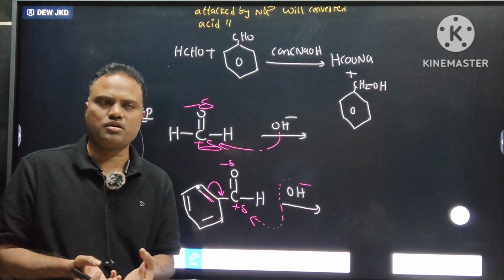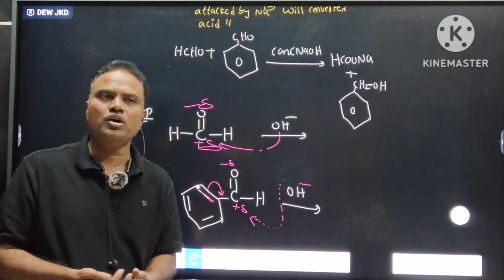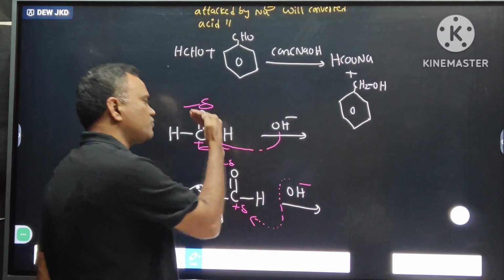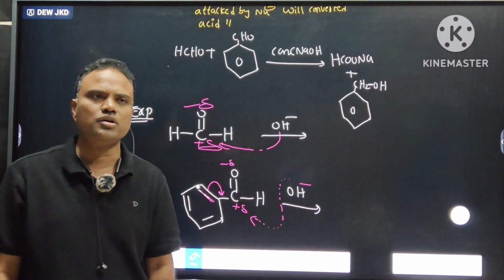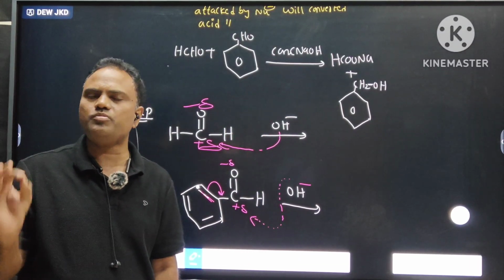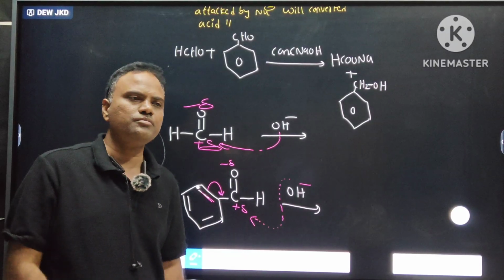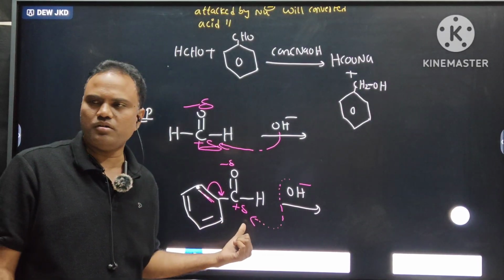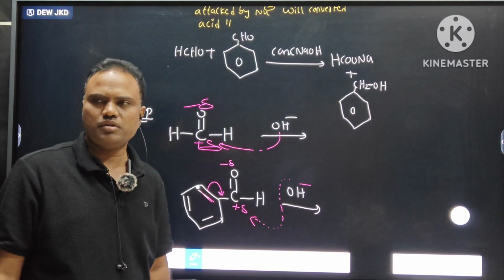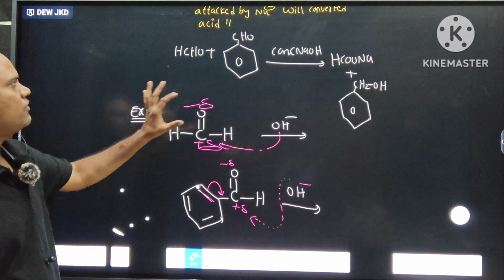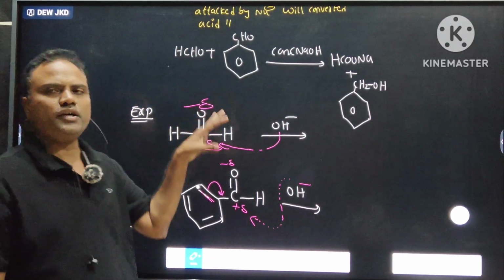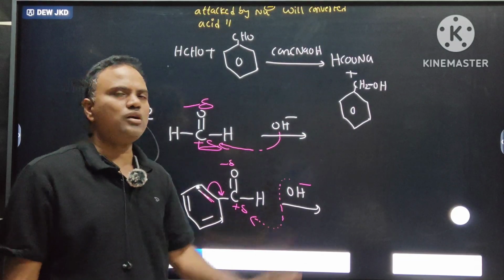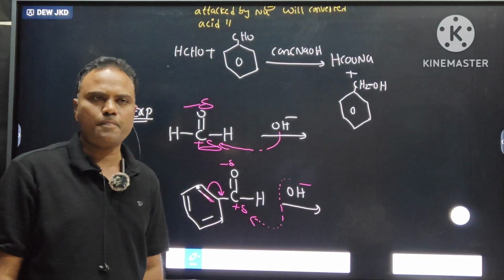So when we take a mixture of formaldehyde and benzaldehyde, nucleophile preferentially attacks formaldehyde carbonyl carbon due to presence of a large positive charge. Okay, and here attack is less favorable. That is the reason, right? Very important. So when we take two different aldehydes, writing acid and alcohol is a very important step. Clear?